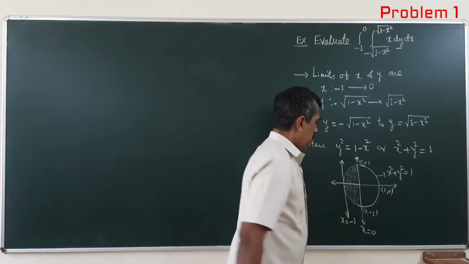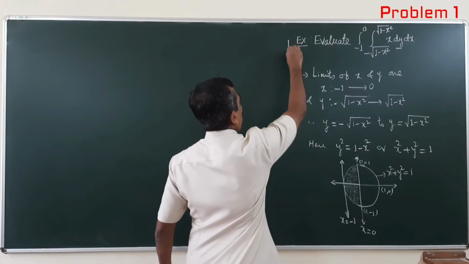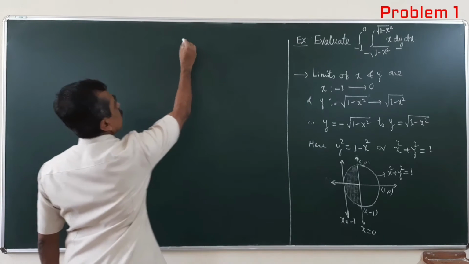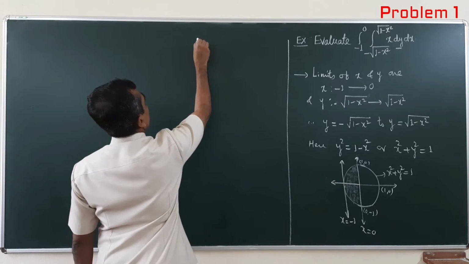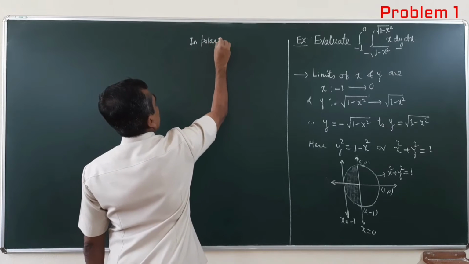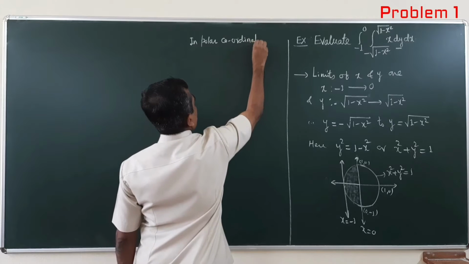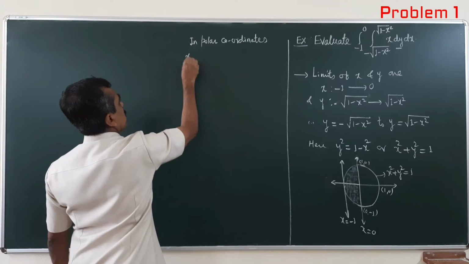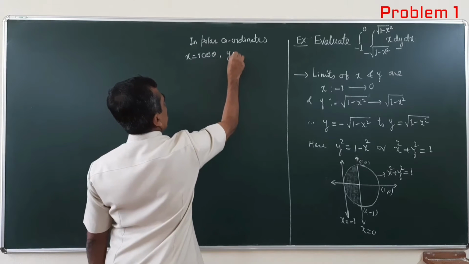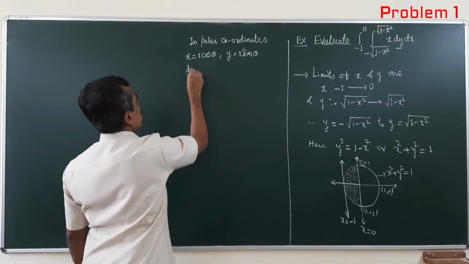Now we will make a change of coordinates. In polar coordinates, x = r cos θ and y = r sin θ. And dx dy?